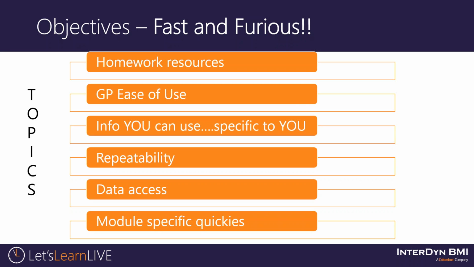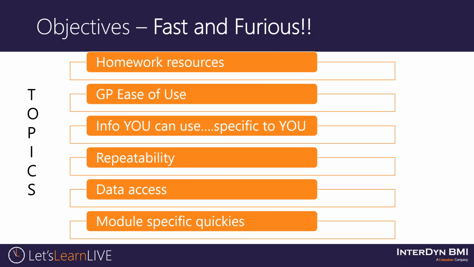Okay, so take note of the particular tip number in the right-hand corner. And we are going to be highlighting some of the new features of GP 2016 as a part of the tips, so you might want to consider the value to your organization in upgrading to this new version.